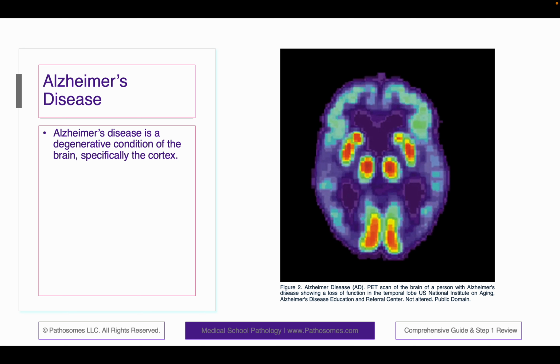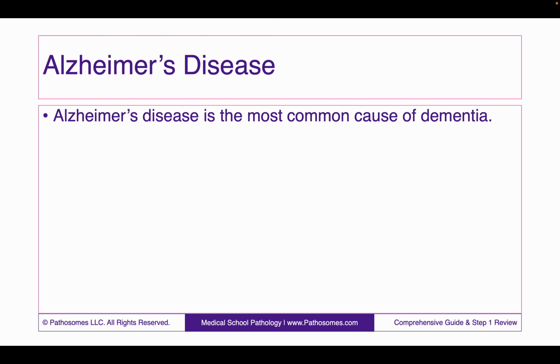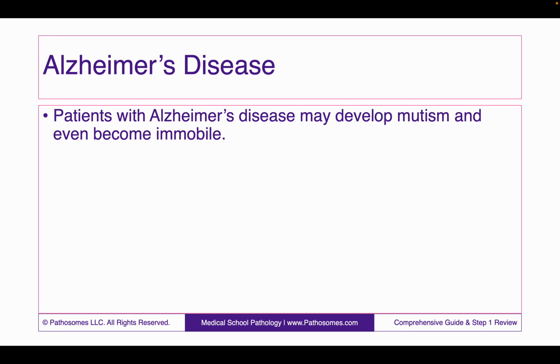Alzheimer's disease is a degenerative condition of the brain, specifically the cortex. Alzheimer's disease is the most common cause of dementia. Patients with Alzheimer's disease may develop mutism and become immobile.